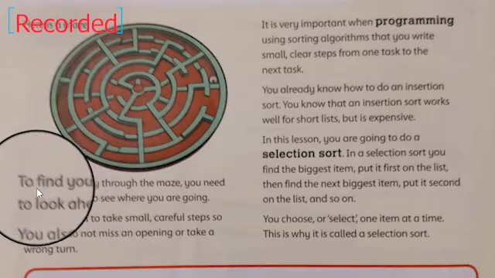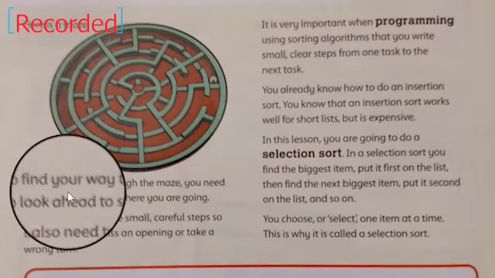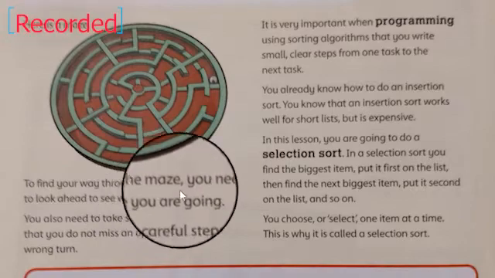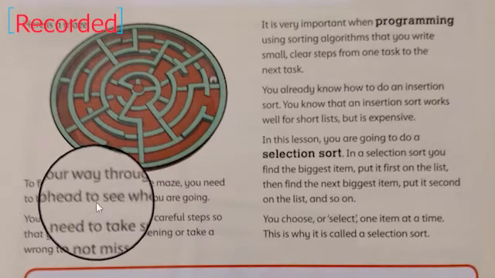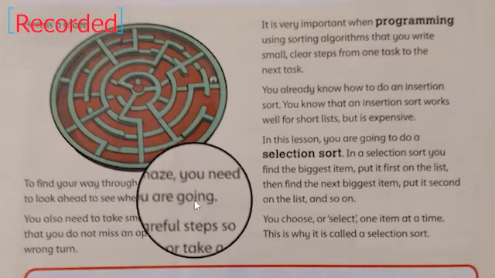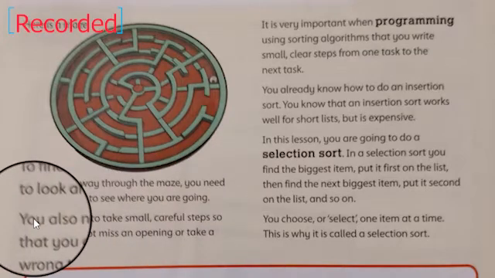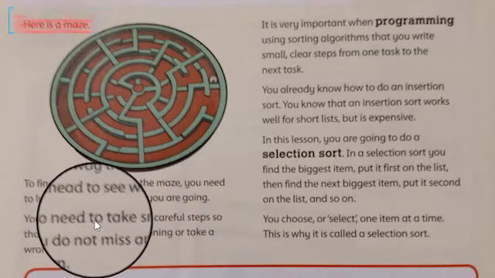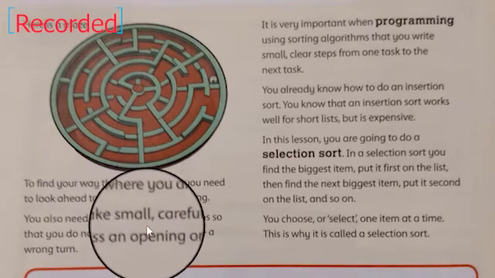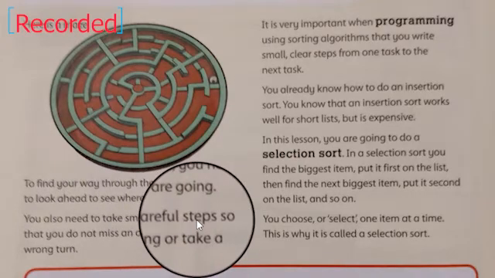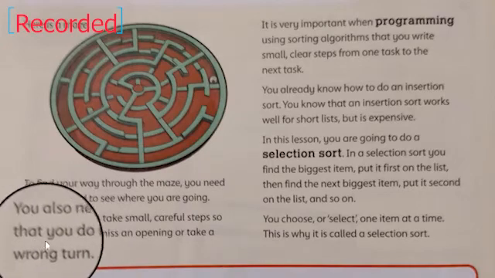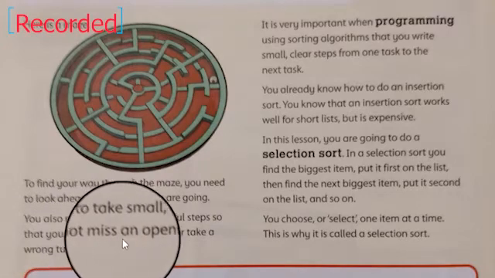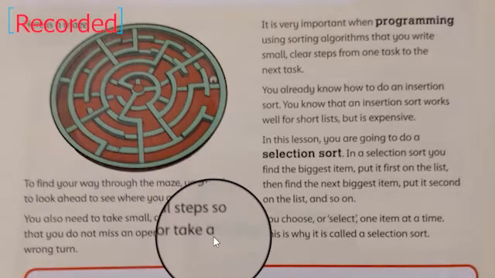As it's written here, to find your way through the maze, you need to look ahead to see where you are going. You also need to take small, careful steps so that you do not miss an opening or take a wrong turn.